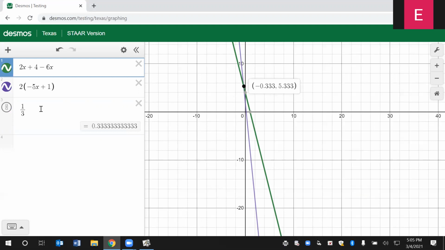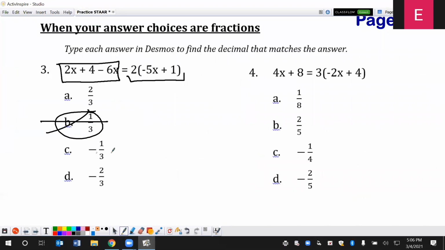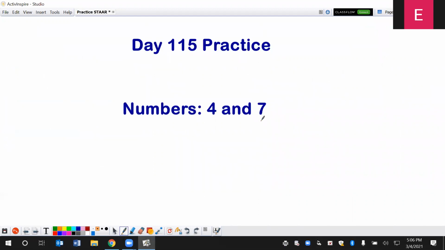Oh, that's actually negative, so that should be negative 1/3. So let's fix that. So not that one, this negative 1/3. Okay, so remember that if it gives you a decimal, just type your answer choices and make sure it matches. Okay, so pause this video, and for your day 115 practice, I want you to try numbers 4 and 7.